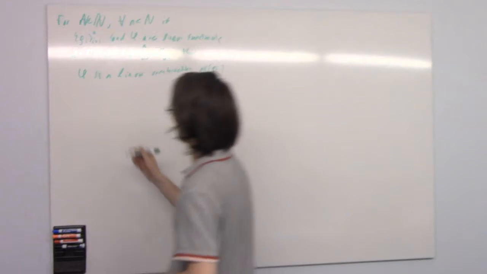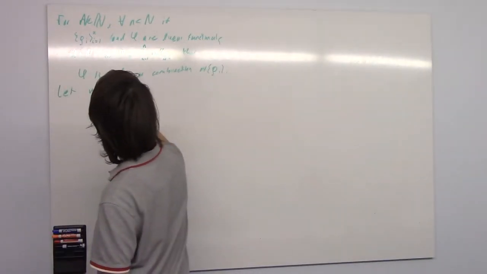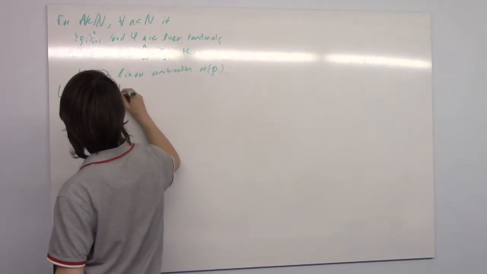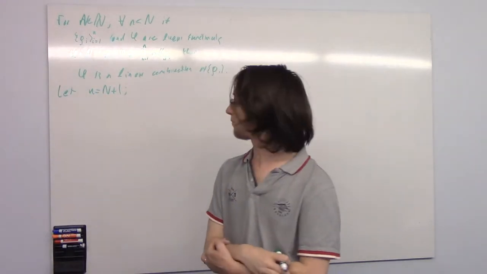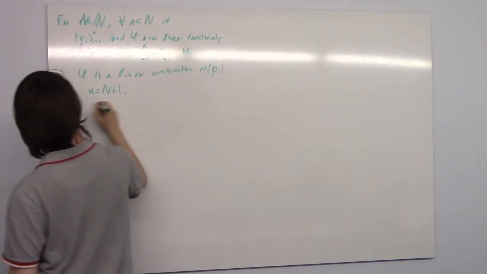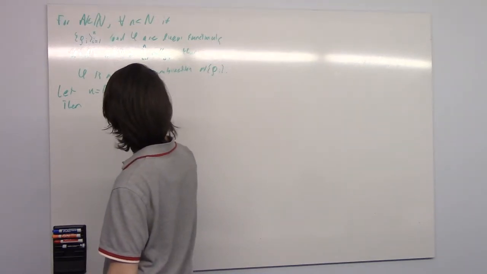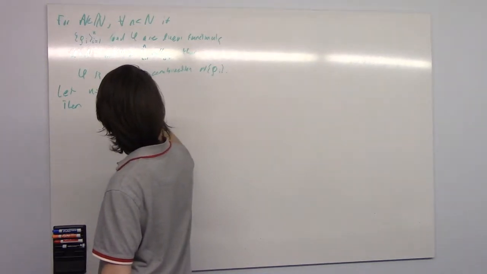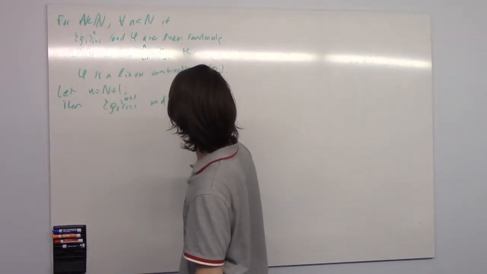But now, let n equal n plus 1. Then we're going to have our set rho i, i equals 1 to n plus 1, and phi.